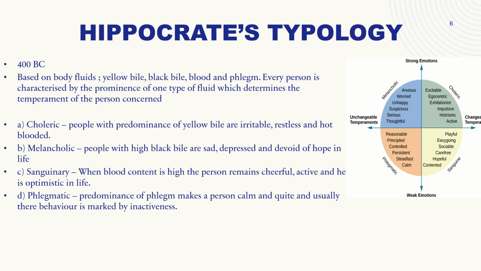The choleric type of people are, just like we explained, excitable, impulsive, histrionic, always active, egocentric, exhibitionist, etc. Similarly, melancholic type are worried, unhappy, serious, thoughtful, suspicious. Sanguine type are playful, easygoing, sociable, carefree, hopeful, contented. Phlegmatic type are reasonable, principled, controlled, persistent, steadfast and calm.